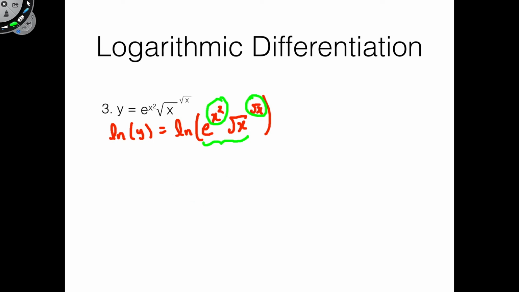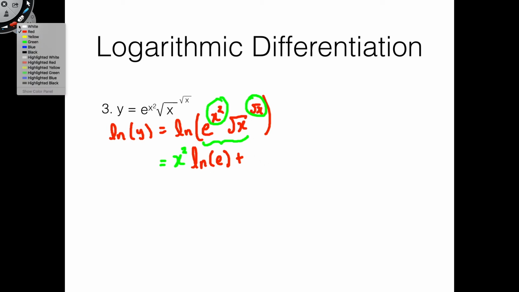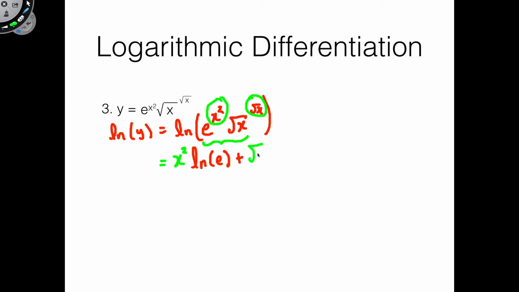Alright, so this is going to equal, you've got an x squared times ln of e plus you got a square root of x, so you have root x ln of root x.